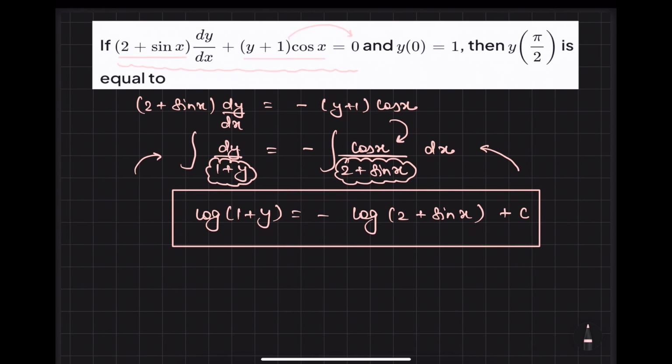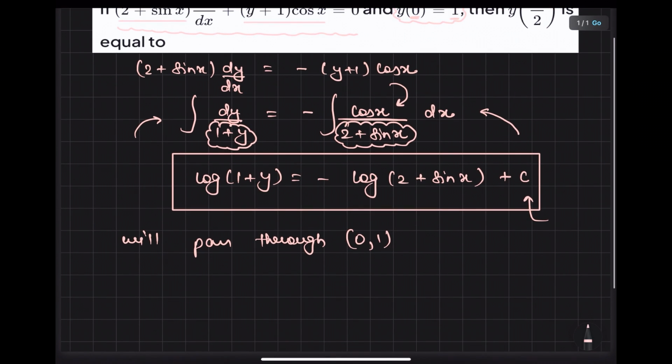Now, they have provided you this situation to calculate the arbitrary constant c. So your curve is passing through (0, 1), this is x, this is y. So it will satisfy (0, 1).